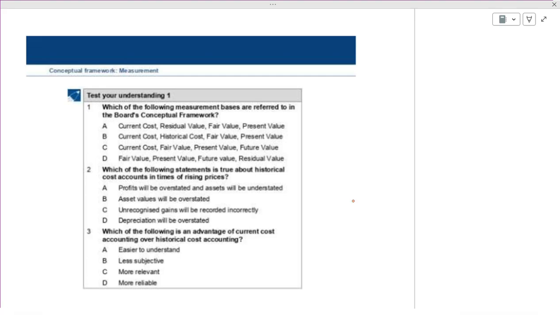Which of the following measurements is referred to in a broad conceptual framework? Which one are we taking out of these options? Can you tell me, please? The last one: fair value, present value, future value. Which one?